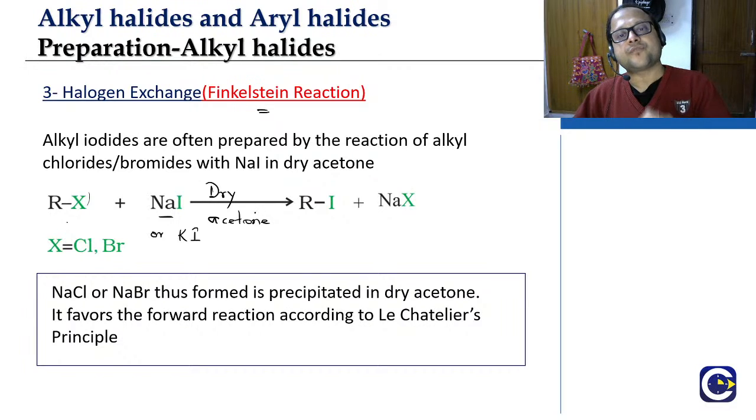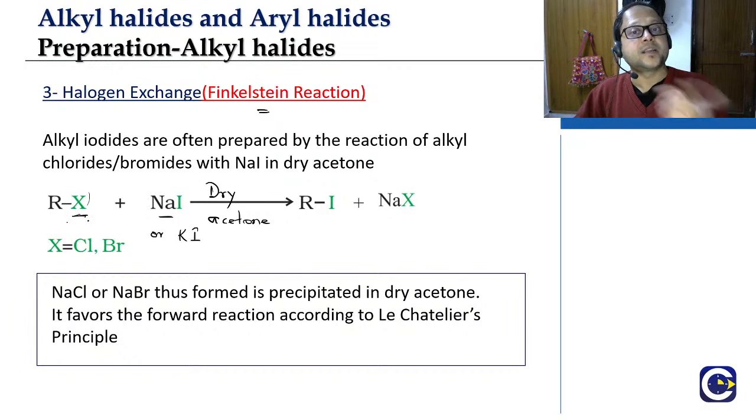Acetone devoid of any moisture. It does not have to be a solid, powdery one. It is very much liquid in nature. So exchange took place. It's like a double displacement reaction. So R gets I, Na gets X.